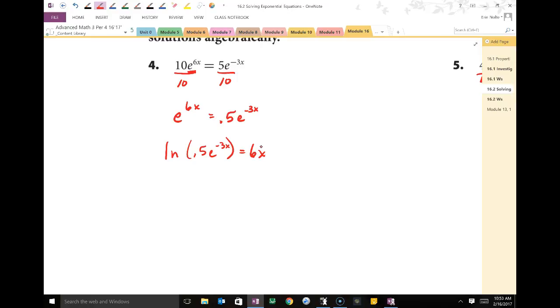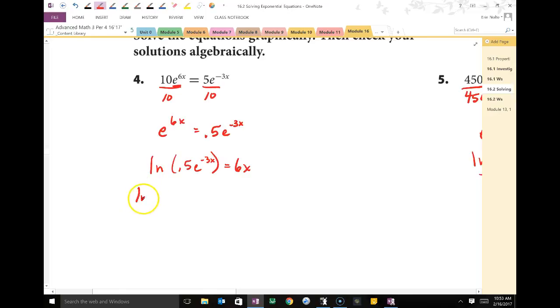So it's going to be a natural log of 0.5 and then I have my natural log of e. What's going to happen with that exponential piece? Goes in the front. Okay, so would you agree that this is going to be the natural log of 0.5 plus negative 3x times the natural log of e. Everybody follow that?